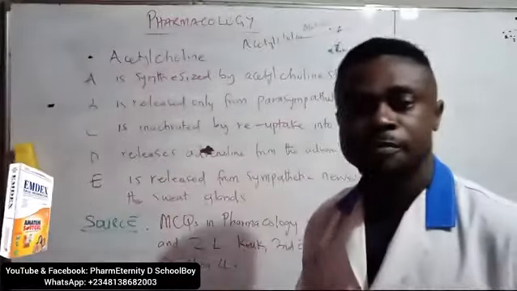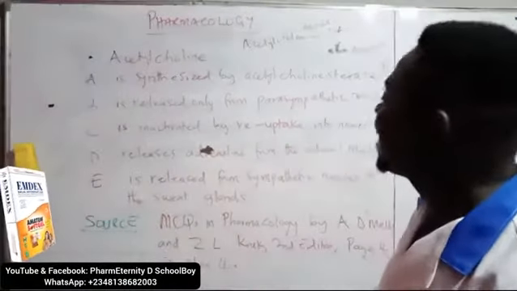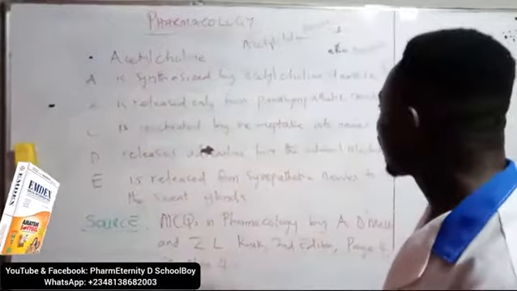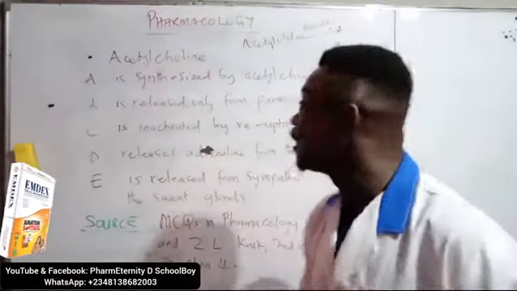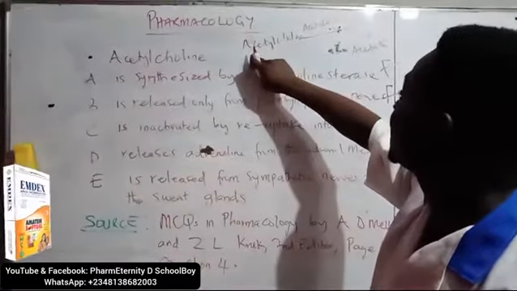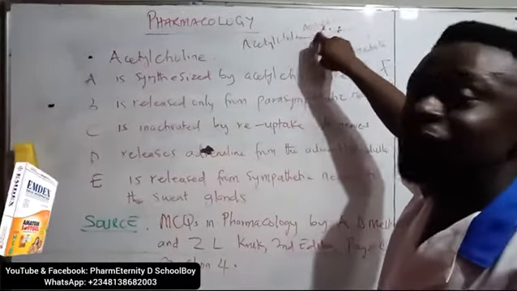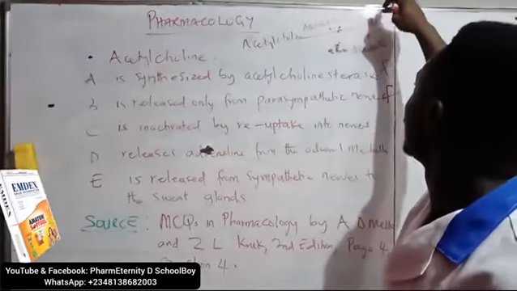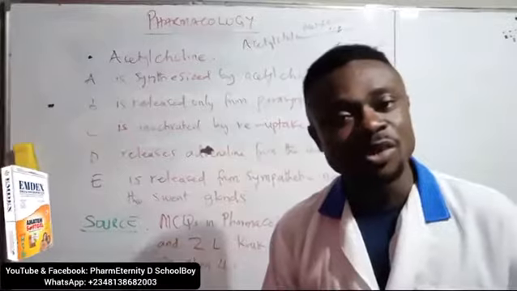Option C says that acetylcholine is inactivated by reuptake into nerves. I already stated that acetylcholine is inactivated by the action of acetylcholinesterase to choline and acetate, rendering it inactive.